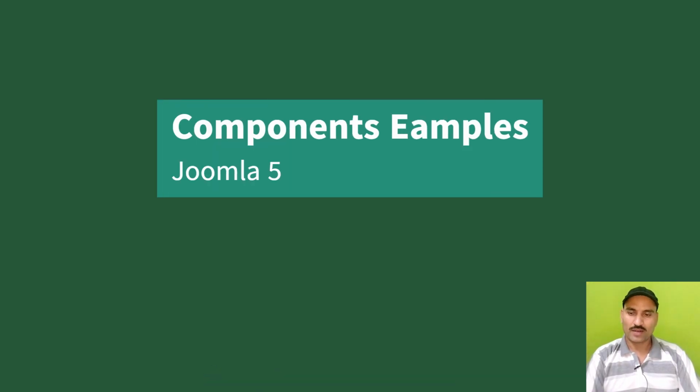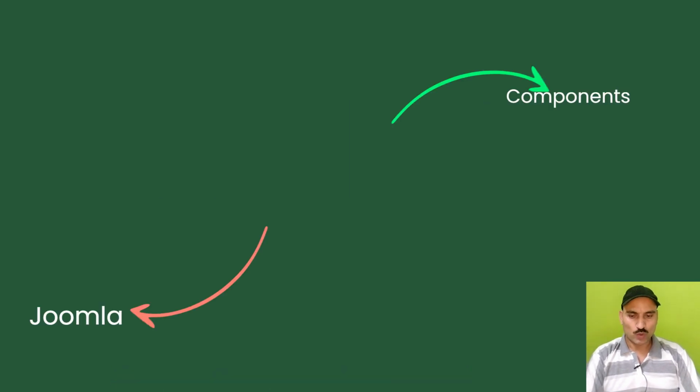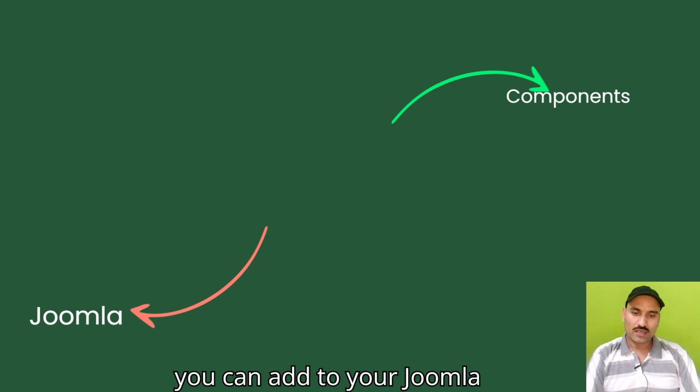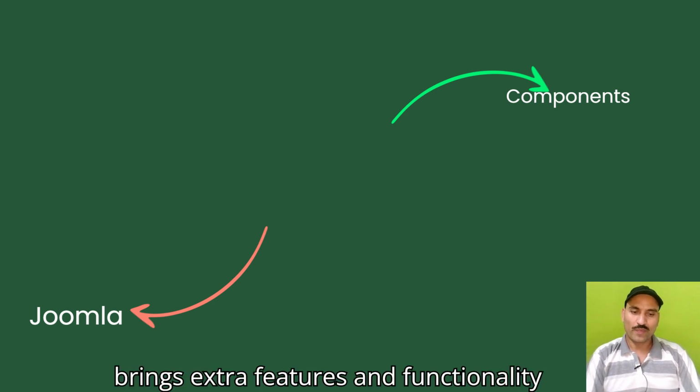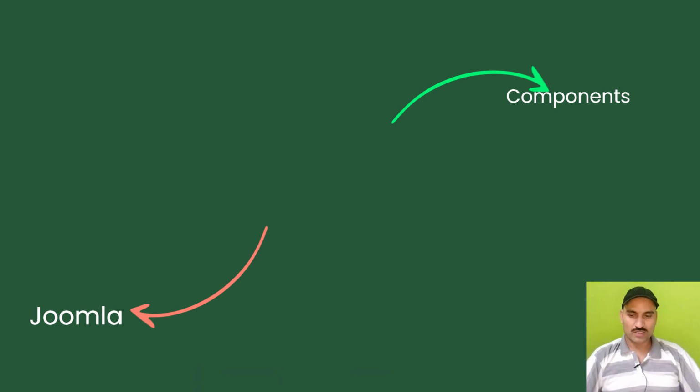Components example: suppose components are special tools you can add to your Joomla toolbox. These tools bring extra features and functionality to your websites. Here Joomla is the toolbox.